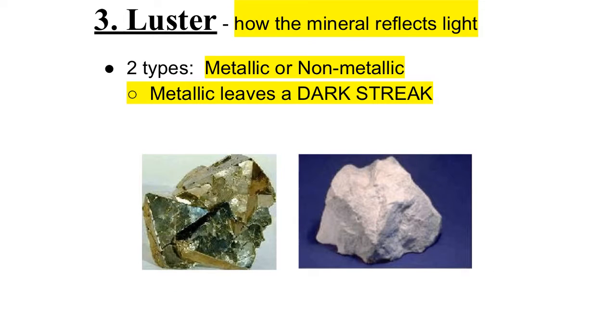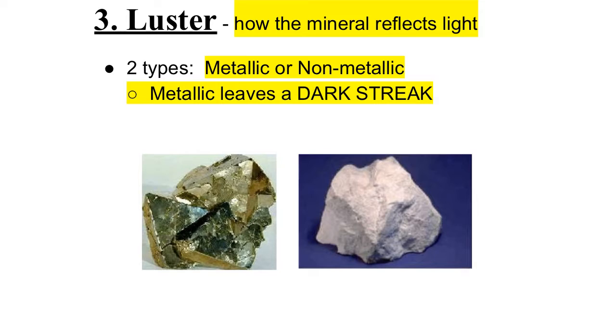The third mineral property that we use to identify minerals is called luster. Sometimes you may have heard the word lustrous or illustrious. That word comes from the word luster, which means how the mineral reflects light. So you can usually move the mineral around, and there are two types of luster.